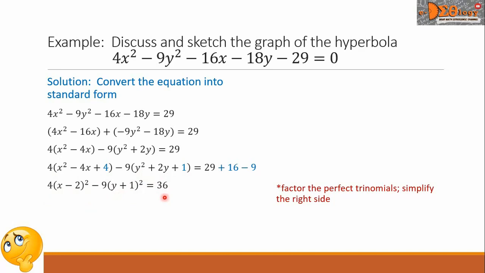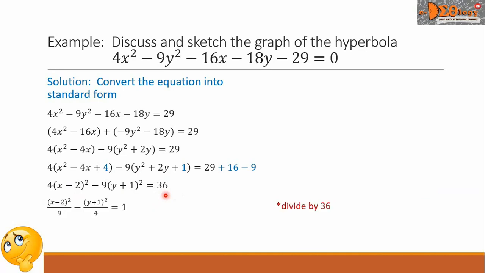And from here, let us make the right side equal to 1. Let us divide this equation by 36. So we have now the square of (x − 2) over 9 minus the square of (y + 1) over 4 equals 1.